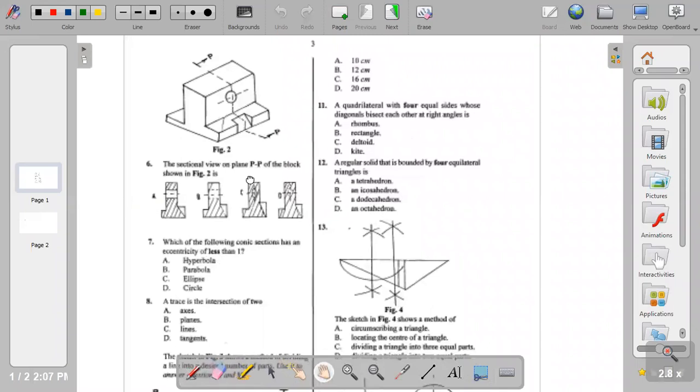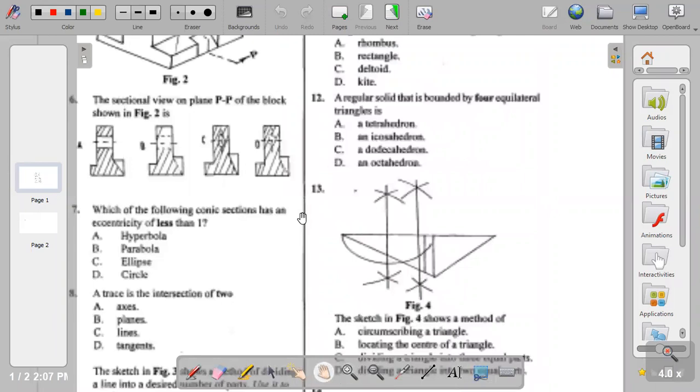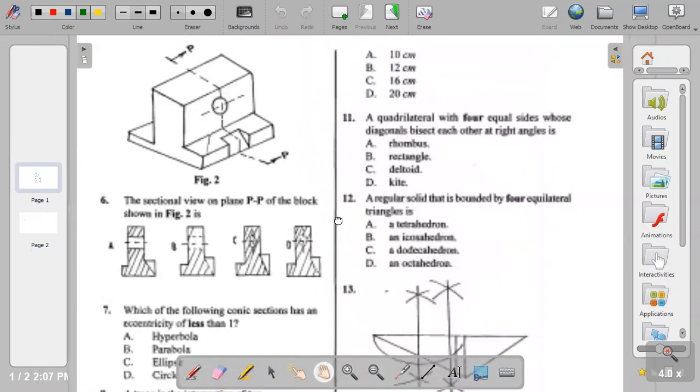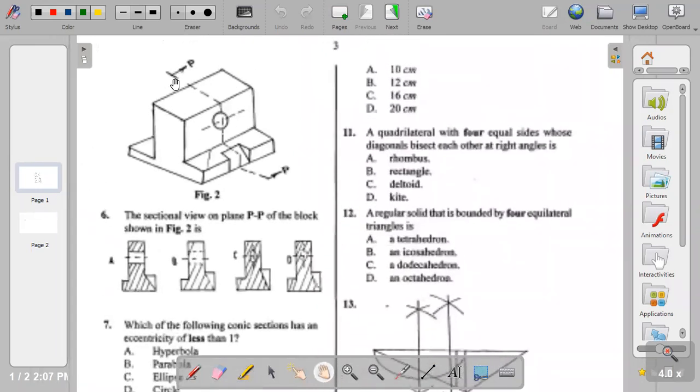Question 6. The sectional view on plane PP of the block shown in figure 2. This is the cutting plane PP, and this is figure 2. It's an isometric block.